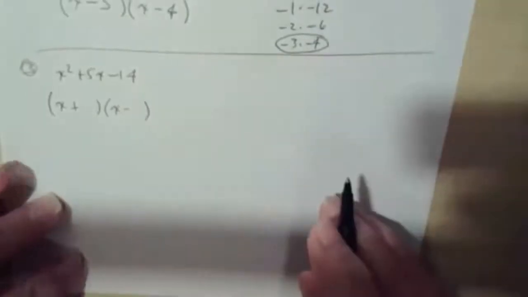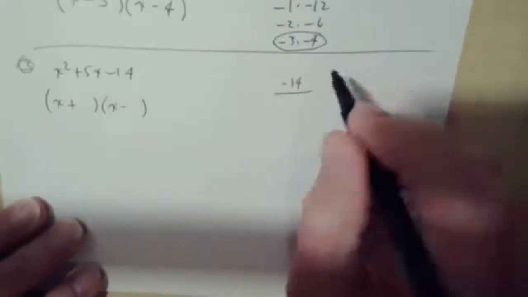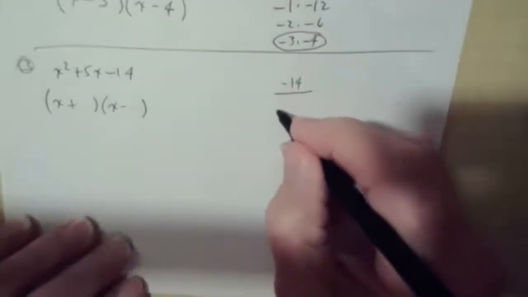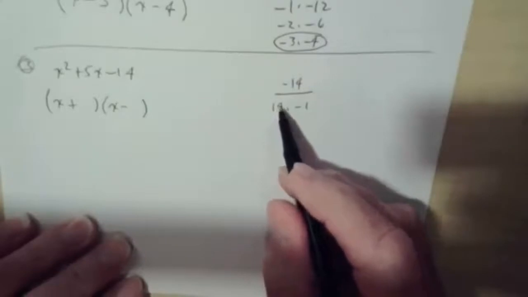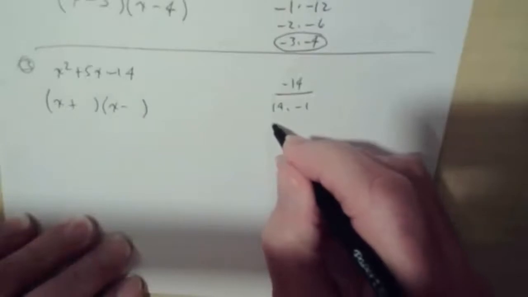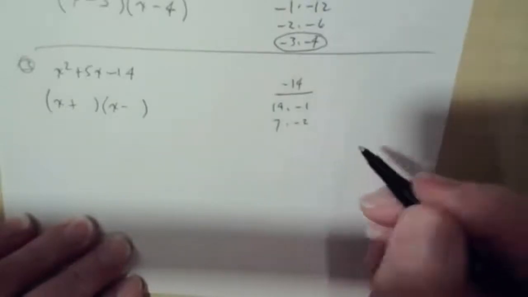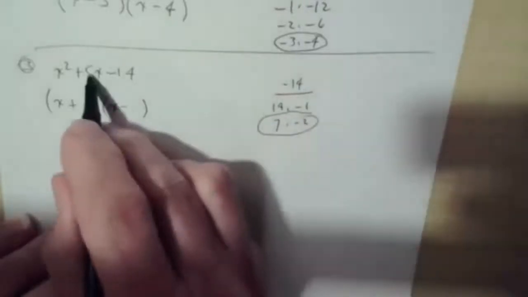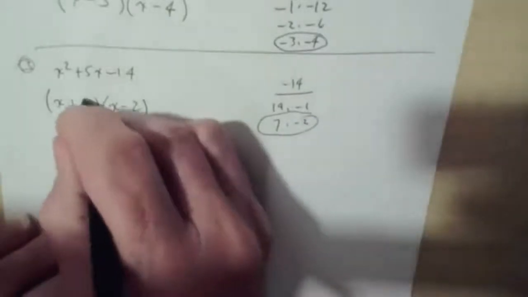So we want the factors of negative 14 that combine together to give us positive 5. So we're going to have 14 times negative 1? No. I'm going to use this as the larger number because the linear term is positive. No. Negative 2 times 7. Yeah, that's it there, isn't it? 7 minus 2 is 5. So the negative is 2, the positive is 7.